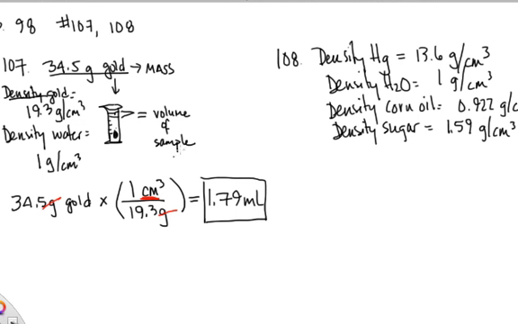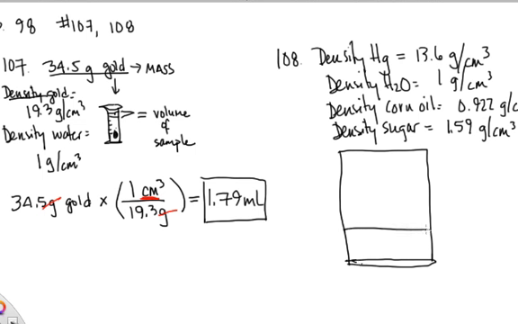So here's my beaker. Oops, that's a bit of a lopsided beaker. There's the bottom of my beaker. The heaviest liquid is going to end up on the bottom. So my mercury, when I pour it in, is going to end up down here.